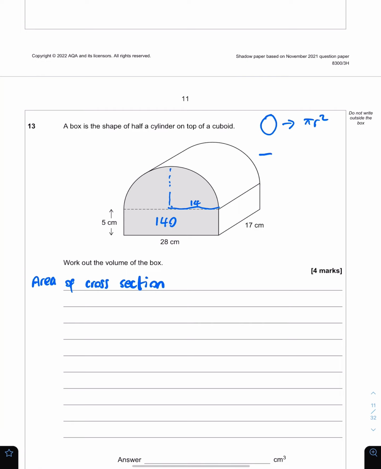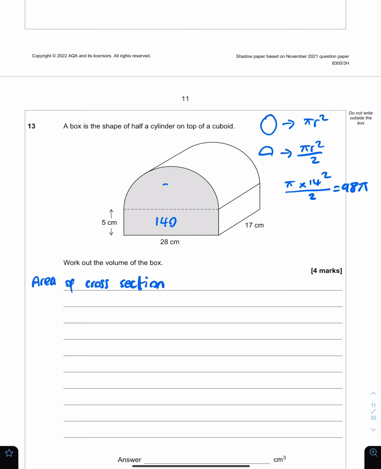So for a semicircle, it's going to be half of that, pi r squared over 2. So in our case, we've got pi times 14 squared, all divided by 2, well, that's just going to be 98 pi. I'm going to leave it as an exact answer for now. So let me just rub this bit out.